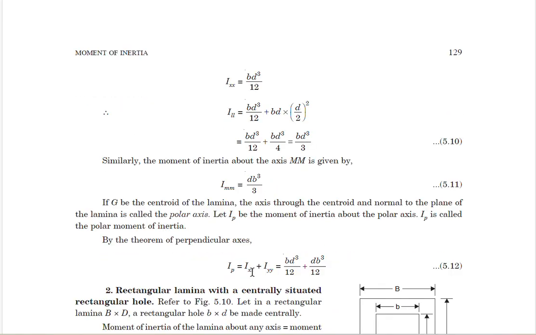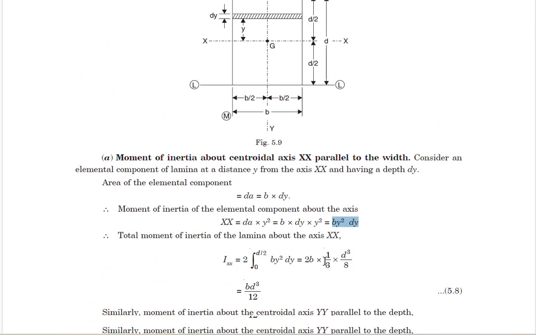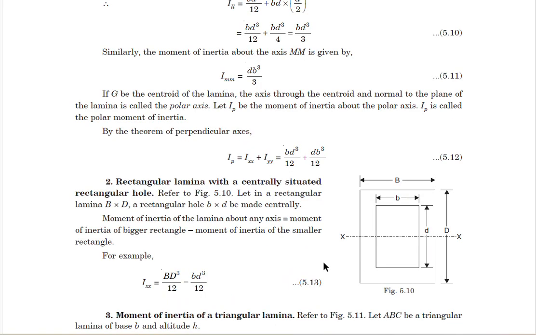And if you are interested in finding the moment of inertia about the z axis, which is passing through the centroid, then you can simply sum the moments of inertia about xx and yy. So this is the moment of inertia derivation for a simple figure, and this procedure you can apply for a variety of figures or sections.